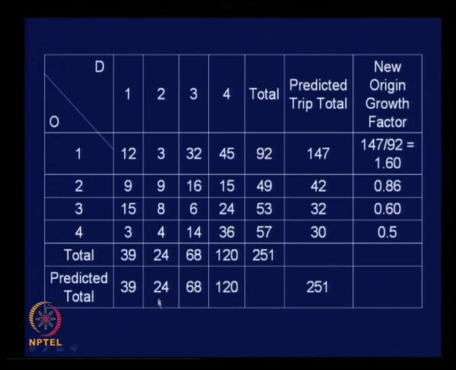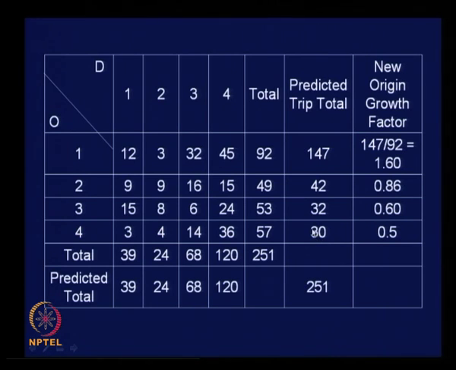Because of this scaling up, there is a change in the cell values, and if we total up these cell values along rows, we get totals like this: 92, 49, 53, 57 and so on, and the predicted values for each of these zones along the rows are 147, 42, 32 and 30. They are obviously different from the predicted values.